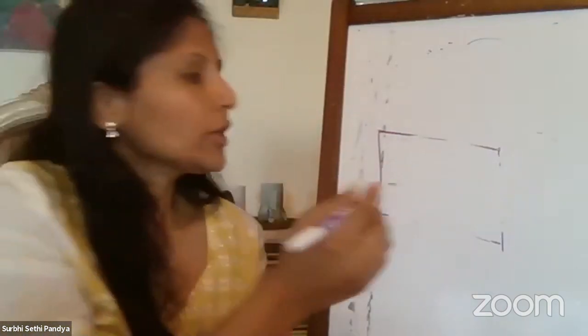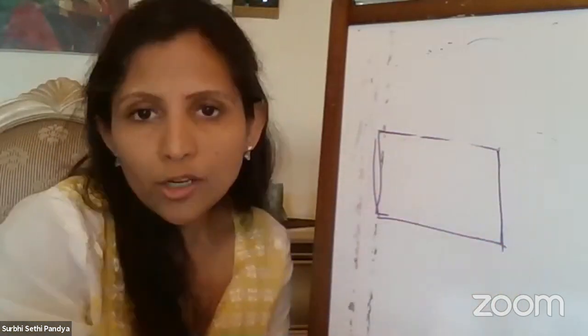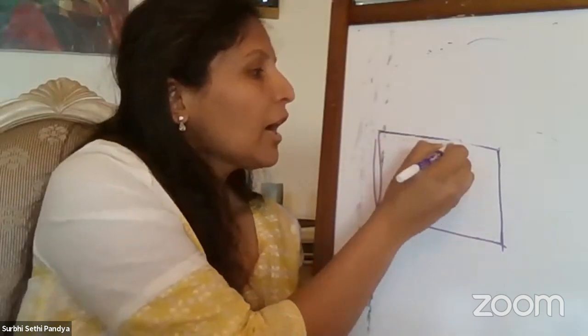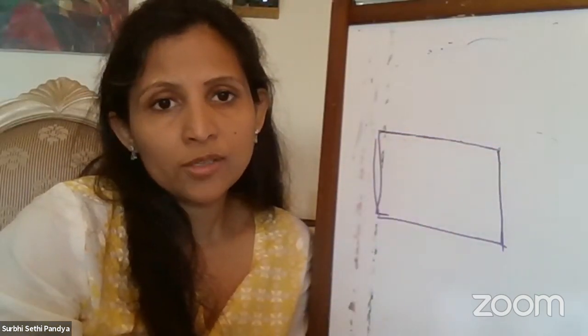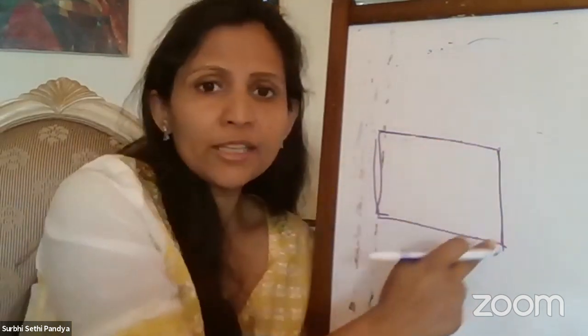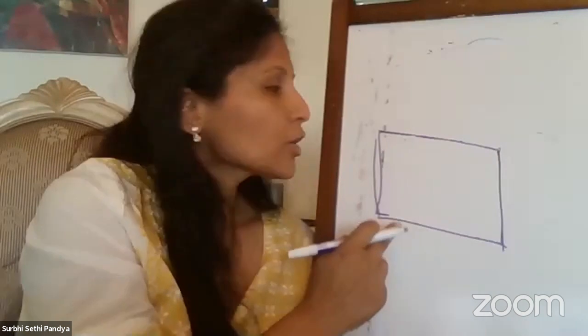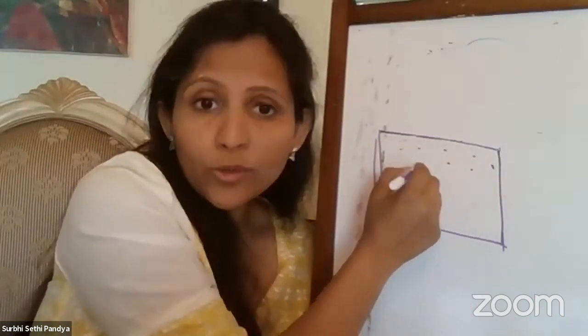So what is it about the time essential? I told you the time essential is not one of a kind. There are many time essentials. So how many? You see this universal space. How many space units are there in this universal space? Can you count them?